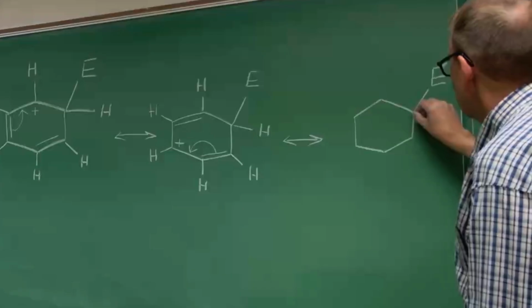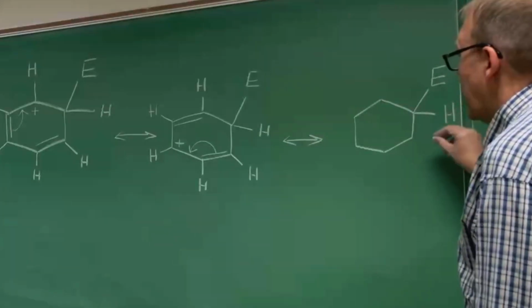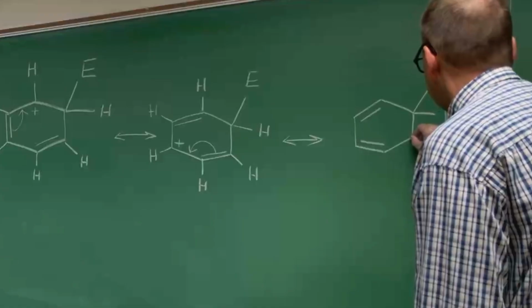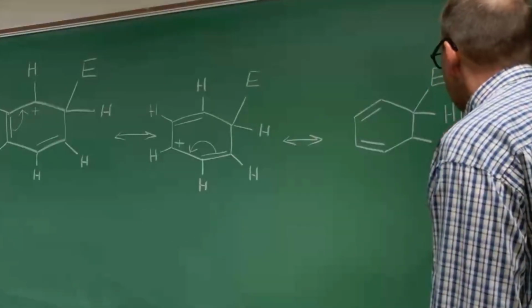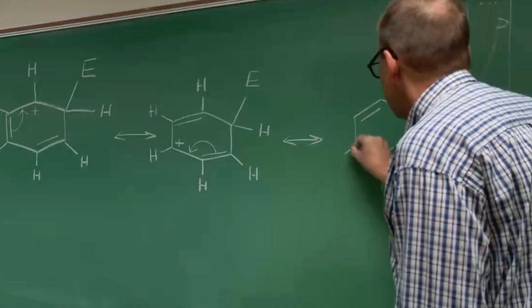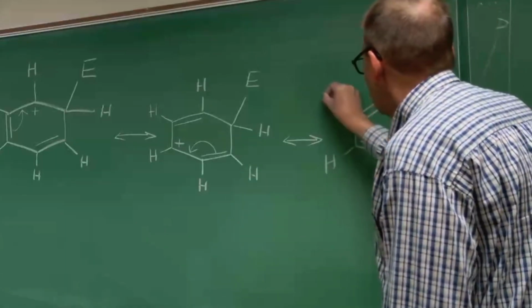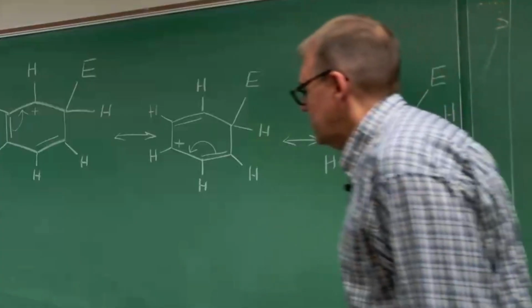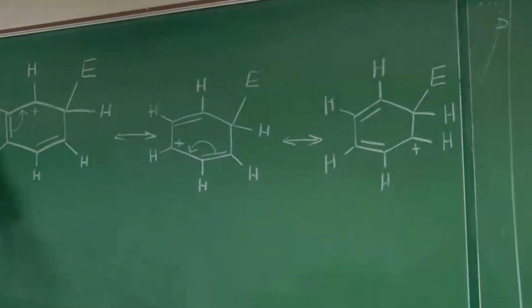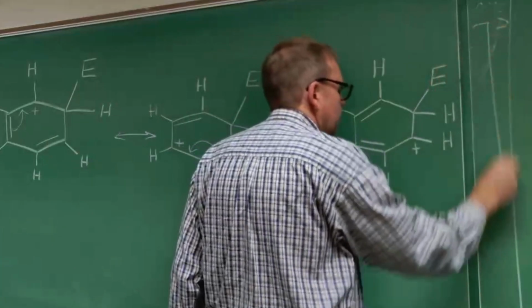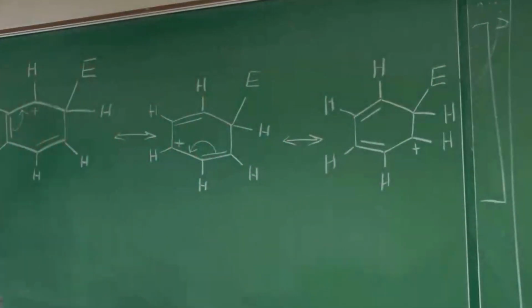So the positive charge is shared across 3 different atoms in this benzene non-aromatic intermediate. So I'm going to just say that, and I'll put brackets around them to indicate that these are resonance structures of each other.